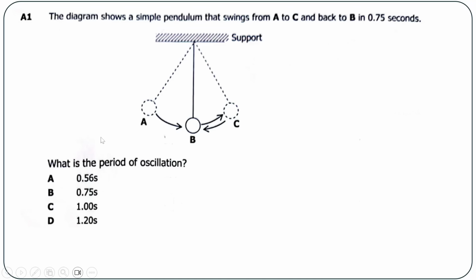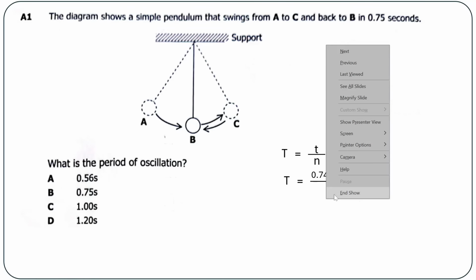Then they're saying, what is the period of oscillation? The same thing, period is equal to time over number of oscillation, which is equal to time, 0.75, divided by, sorry, here it is 5, not 4. So let's change it to 5.